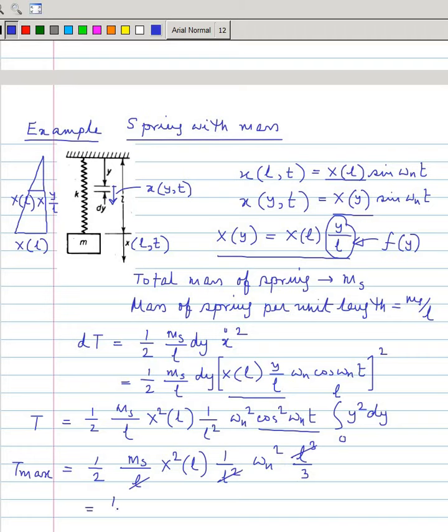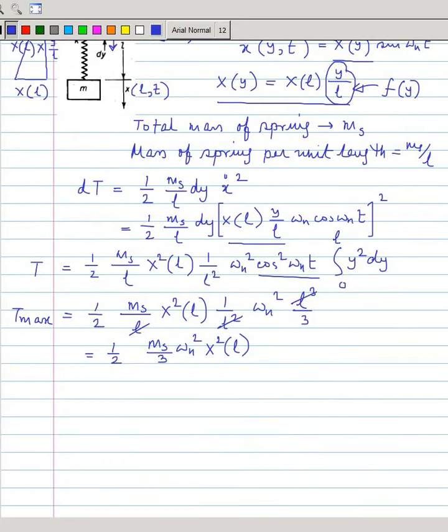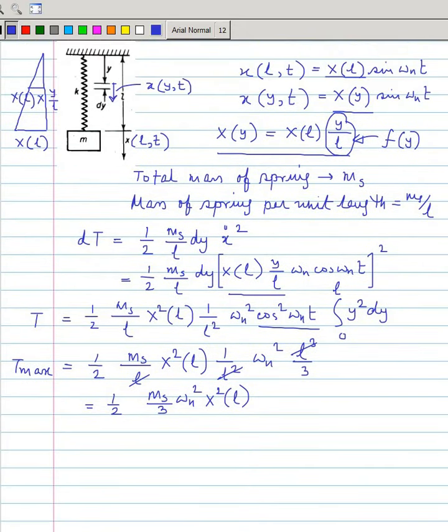So this is half m_s by 3 ωn squared x_L squared. And this kinetic energy is only due to the spring.